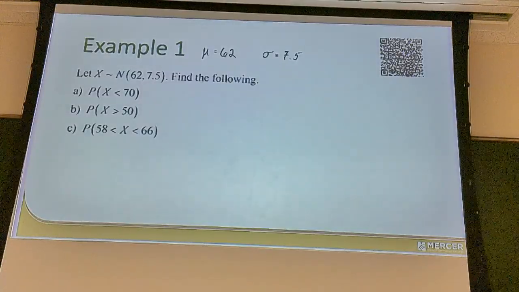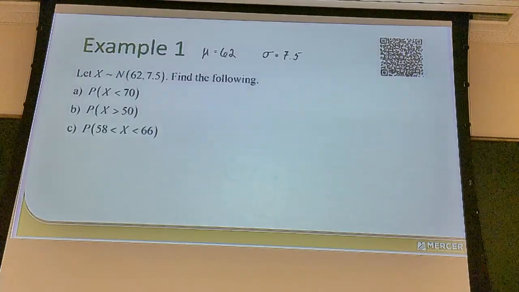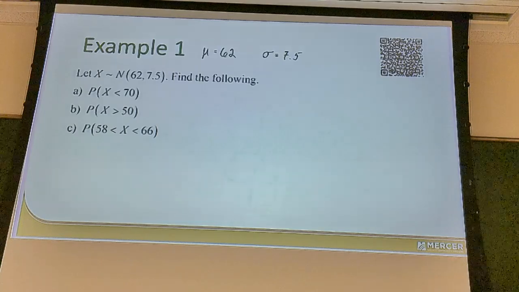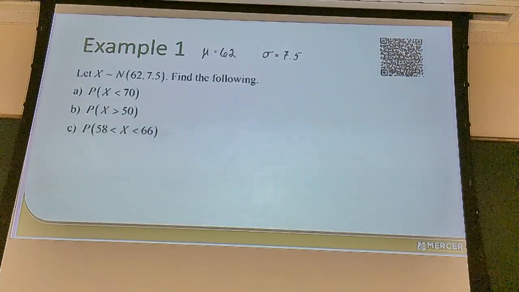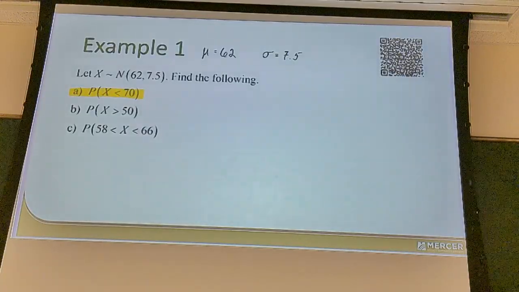Mean 62, standard deviation 7.5. This we are going to do by hand. Start with that.